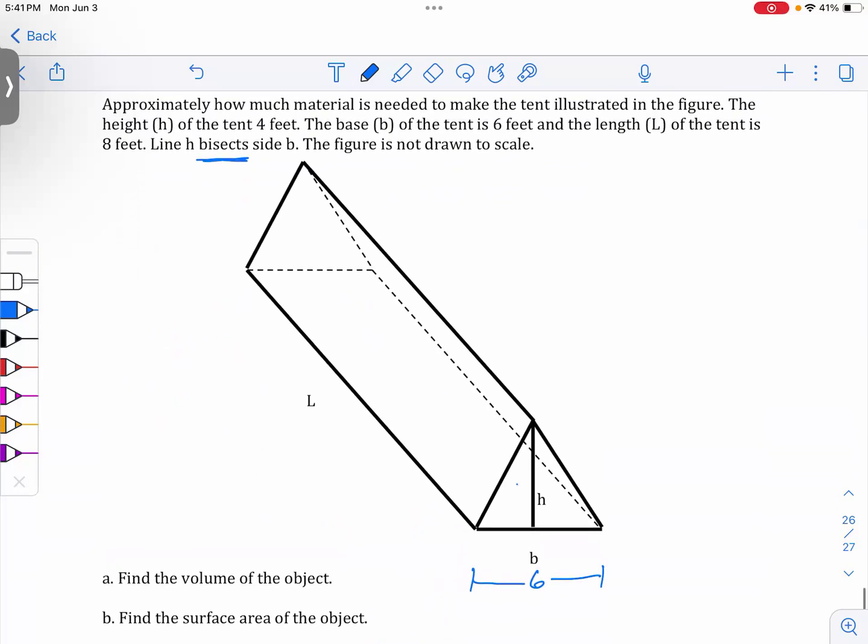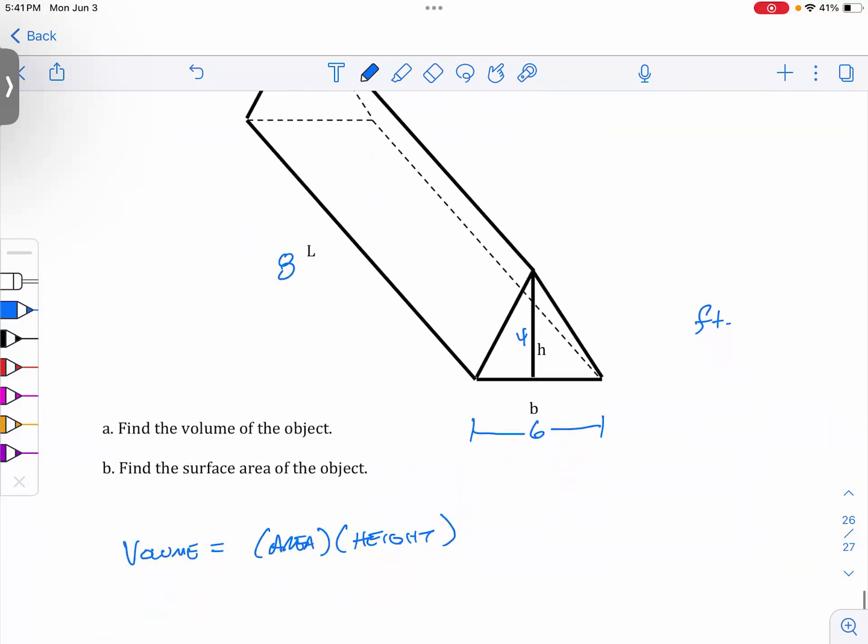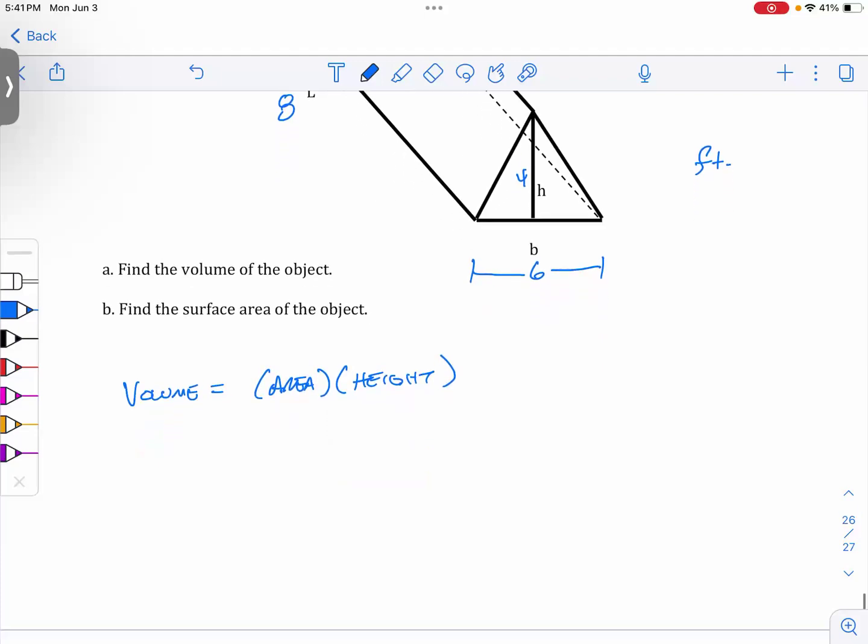Height is 4 feet, and the length is 8 feet. Everything's in feet, just to remind us. I have a triangle, and the area of the triangle is just 1/2 base times height, and I have both those values, and that should be a piece of cake.